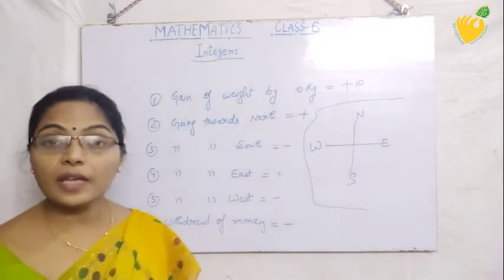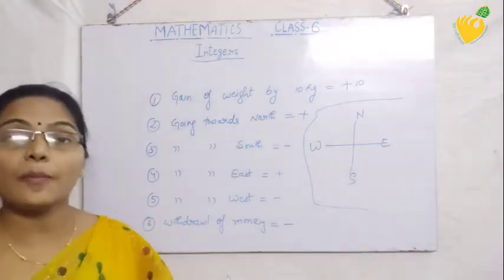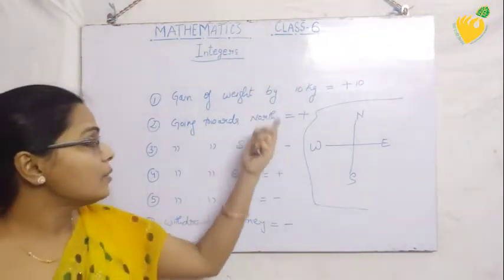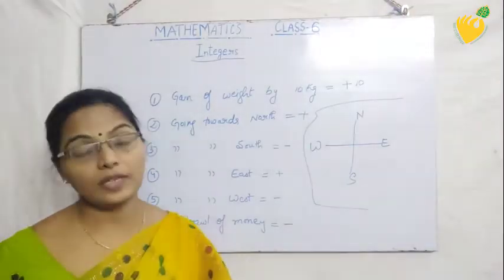So it will be represented by minus. Saving of money on the other hand will be represented by a positive integer plus. So these are the methods to represent some real life situations with the help of integers.